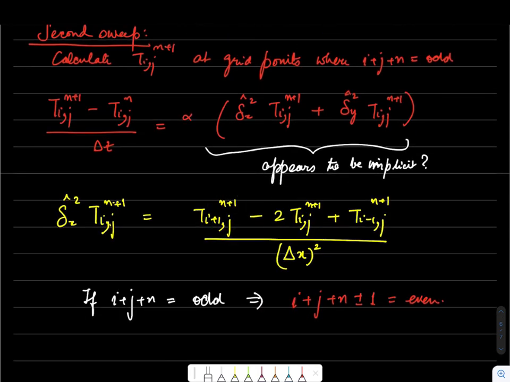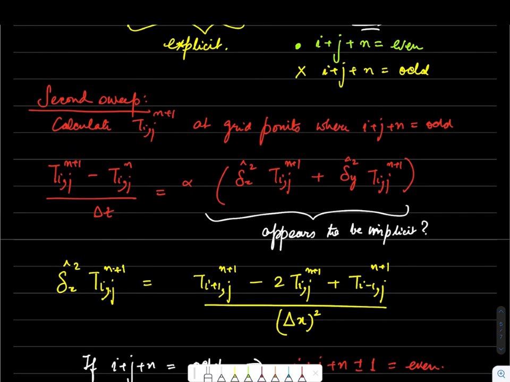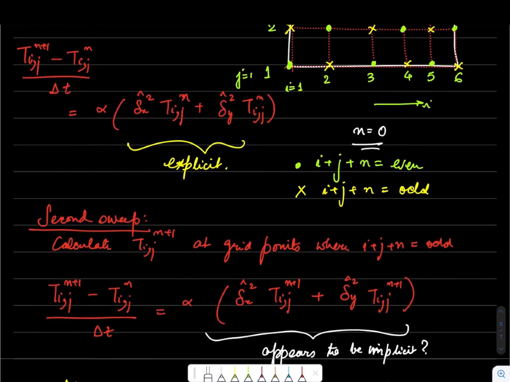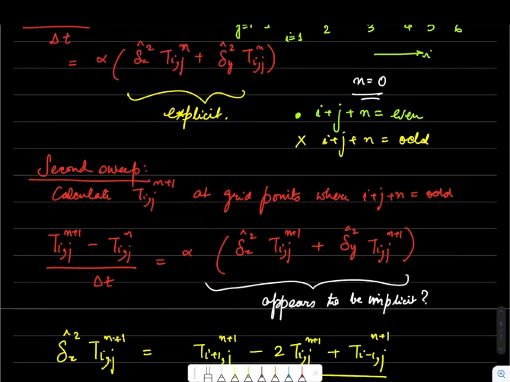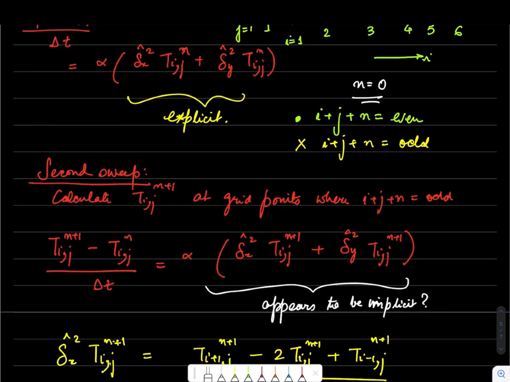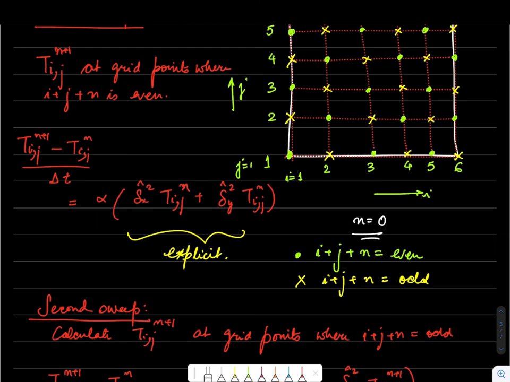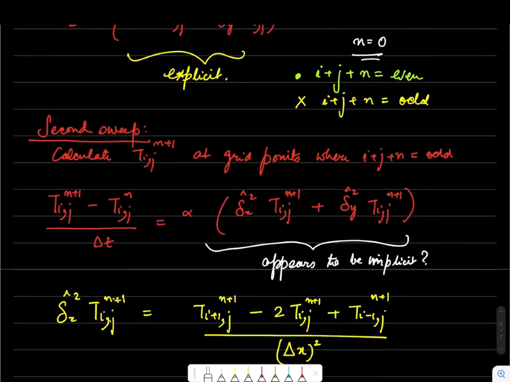So this data here is already available. It's already computed in step 1. So all I need to now do is calculate this at locations where the number is odd. So note that in this case, we will now be working in step 2. We'll land up at these locations where we didn't have the data originally.